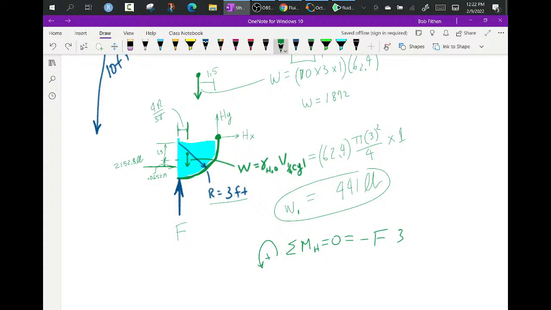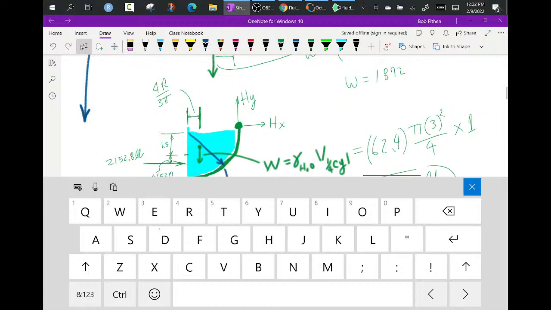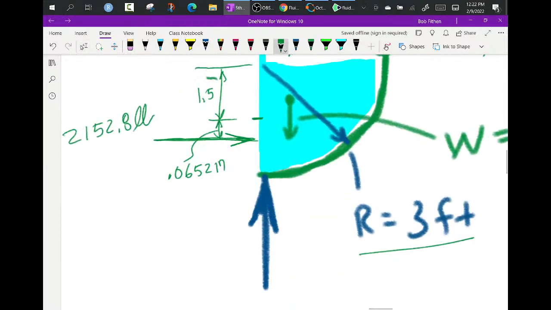Now it's going in the positive direction, and I'm going to list it down here. So it's 2152.8, and its moment arm is the 1.5 and this put together.